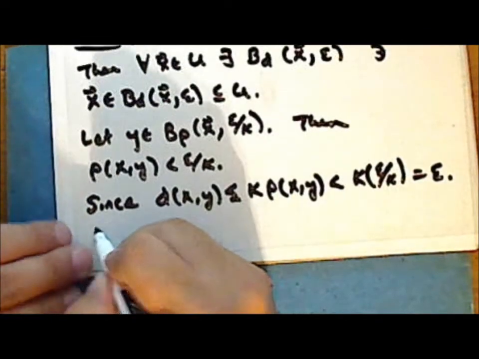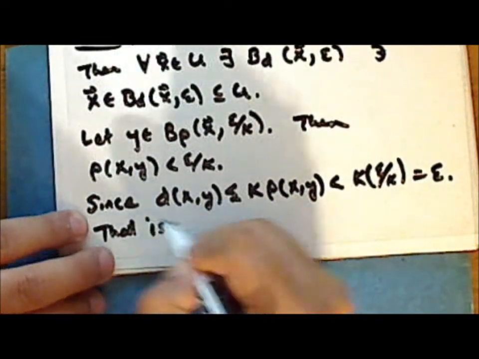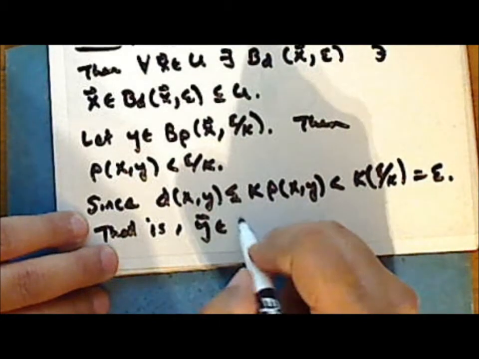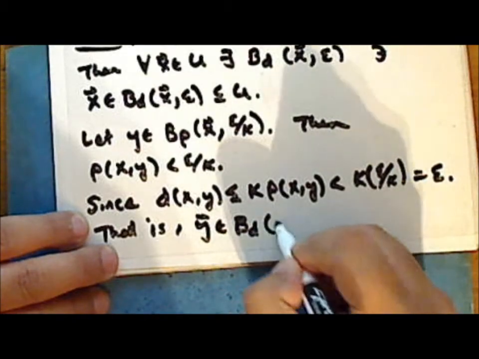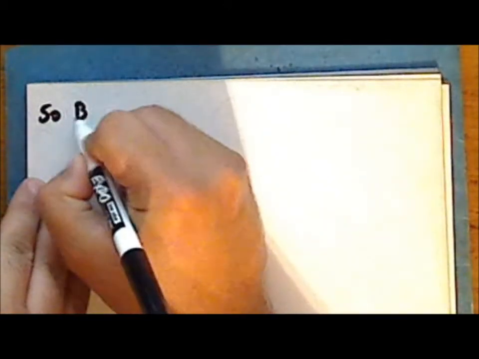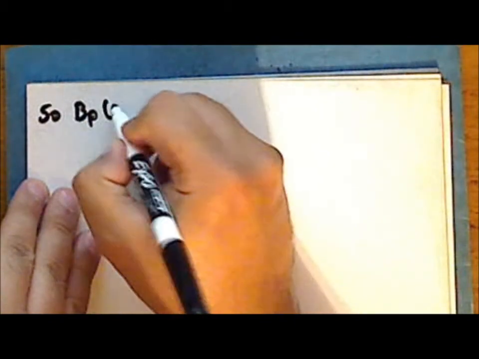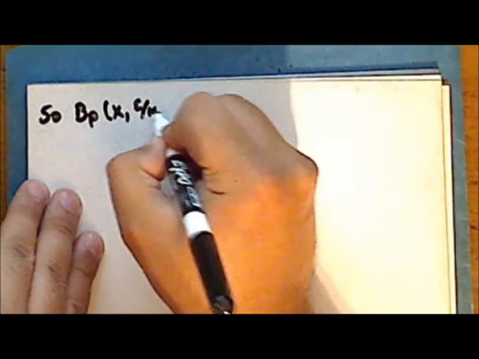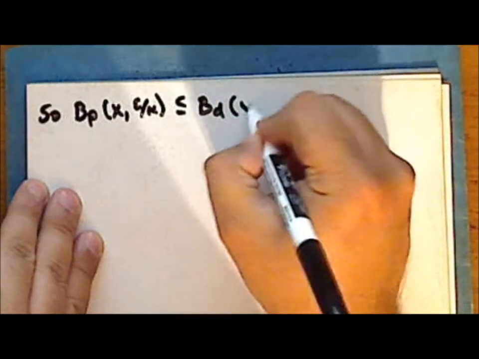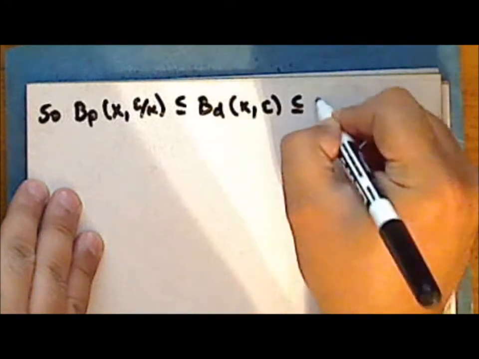That is, the point y is in the open ball in the metric D, centered at x with radius epsilon. So we have demonstrated that the open ball in the metric rho centered at x with radius epsilon divided by k is a subset of the open ball in the metric D, centered at x with radius epsilon, which is itself a subset of the set U.